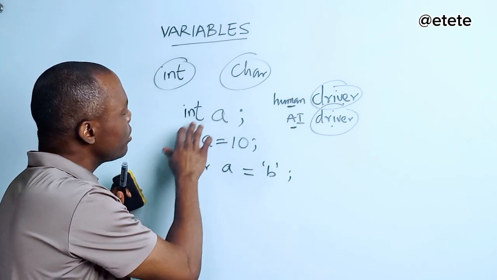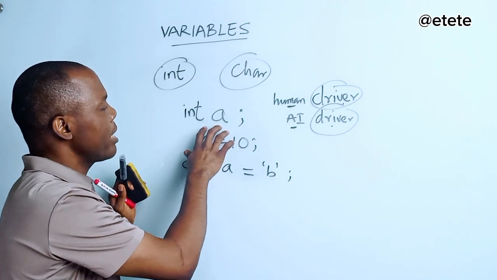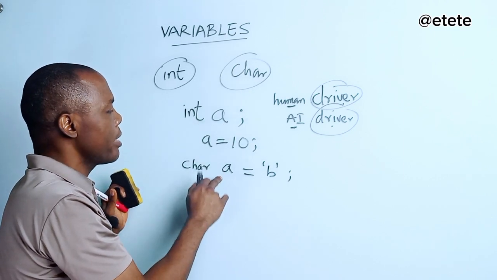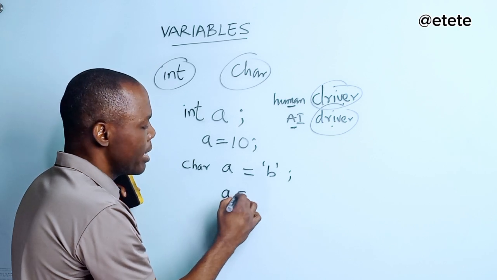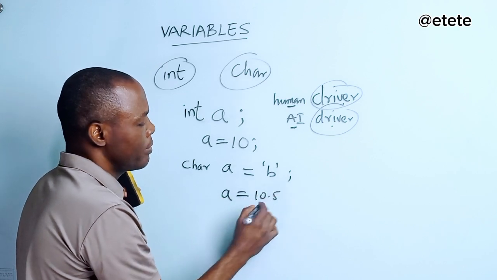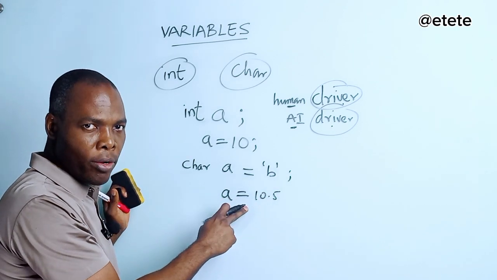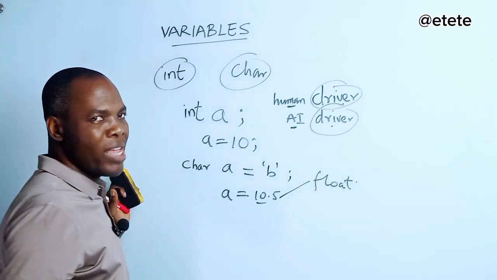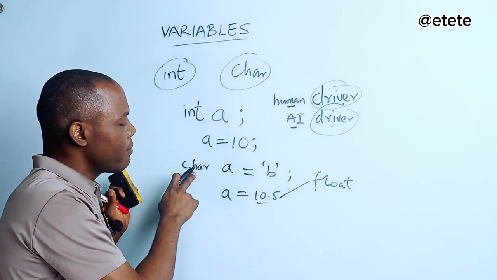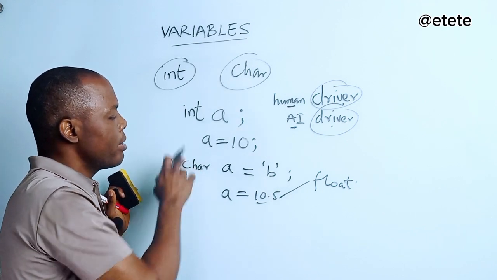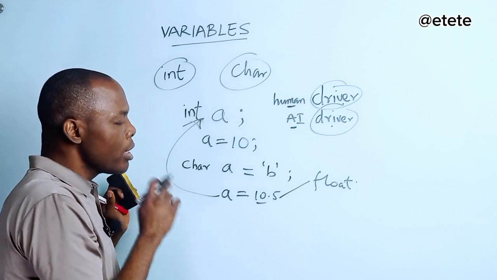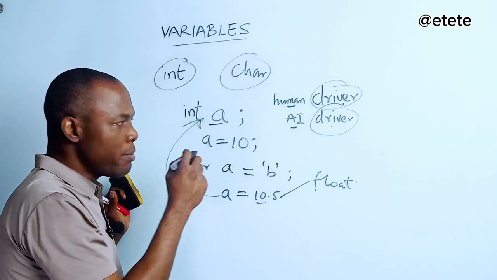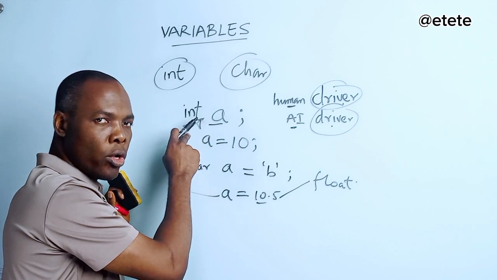Now, when you declare a variable like this and you say int A, then you come and you assign 10.5 to it, the compiler will throw you an error because this is a float. You are simply saying that I have created my variable A, which is a messenger that I'm assigning to this int RAM to collect a value.